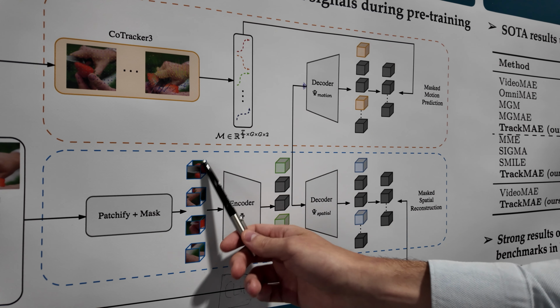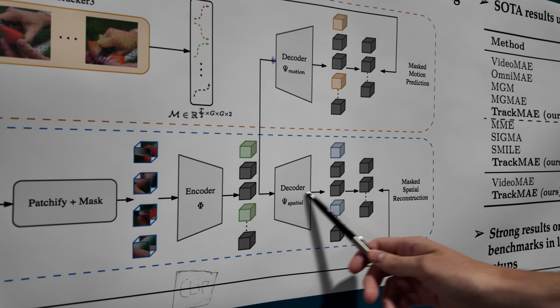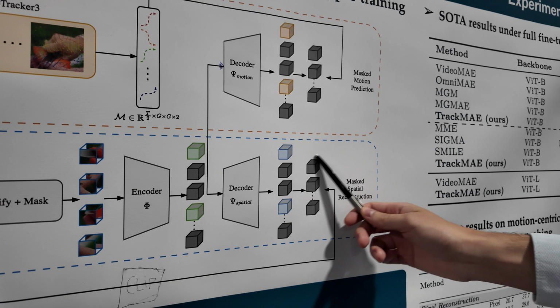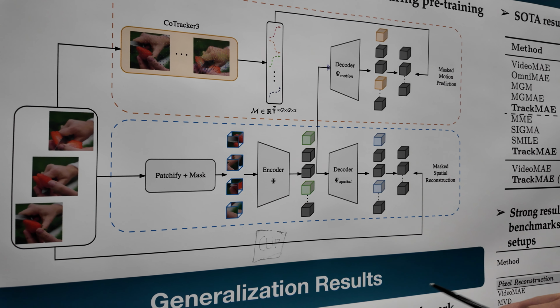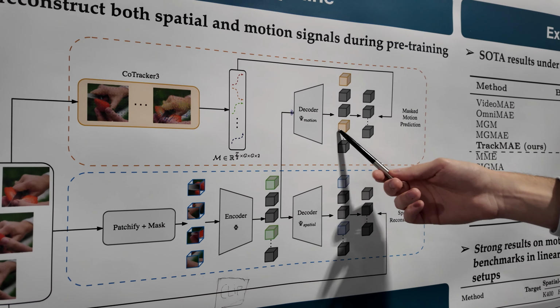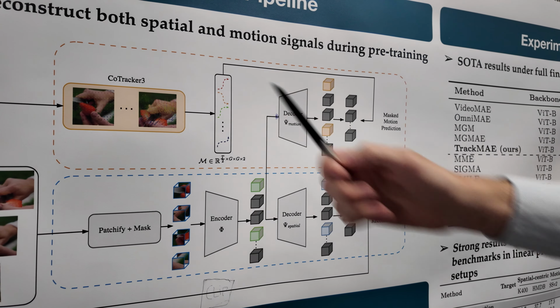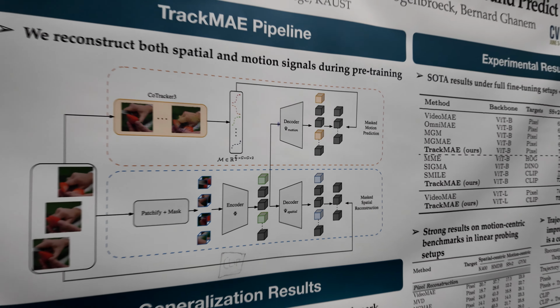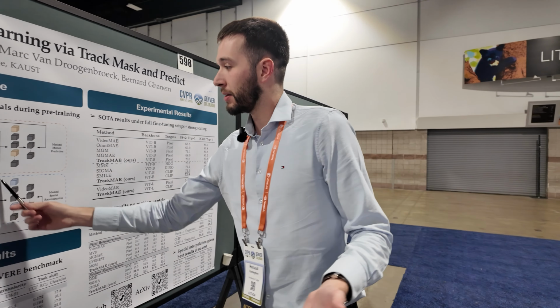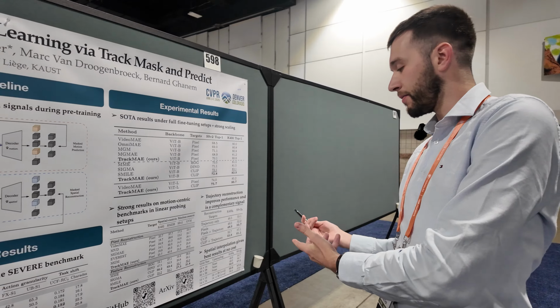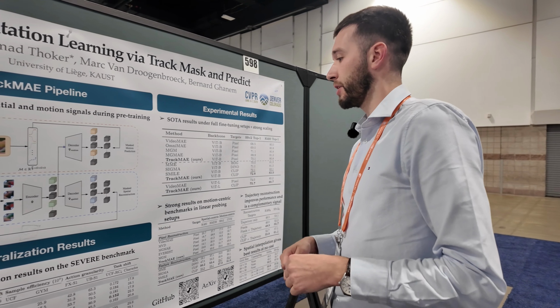You encode visible tokens, you have a latent representation, you do the decoding of the spatial part, either by doing pixel reconstruction or CLIP reconstruction. And for the upper part, what you will do is try to reconstruct the masked trajectories, which means that at the end of the pre-training, we hope that this encoder is going to have motion information encoded.